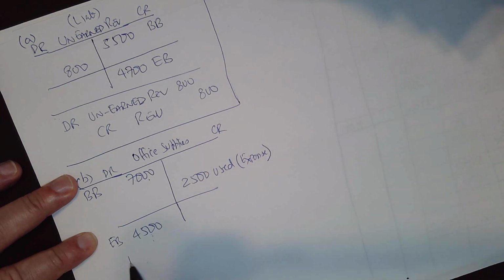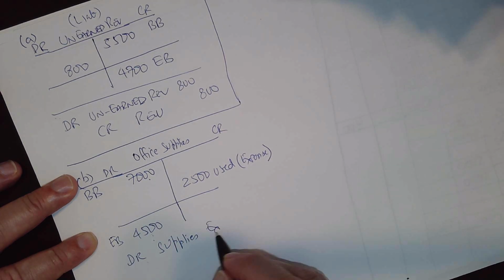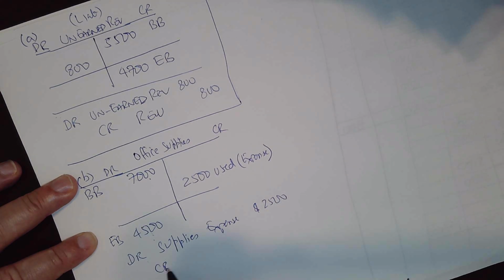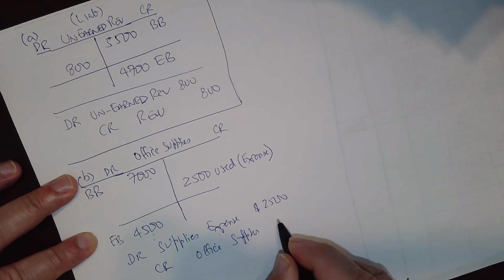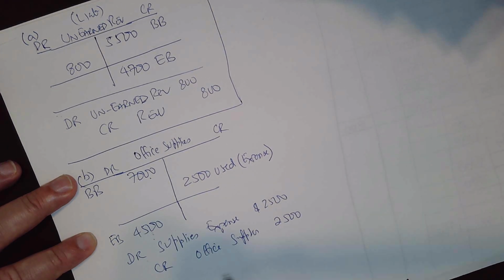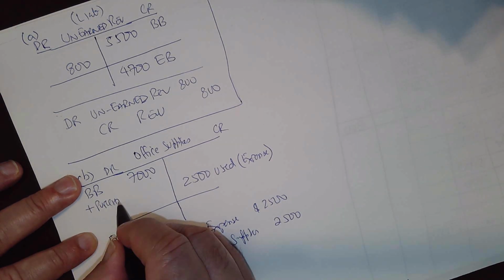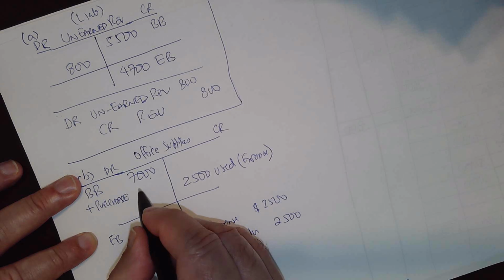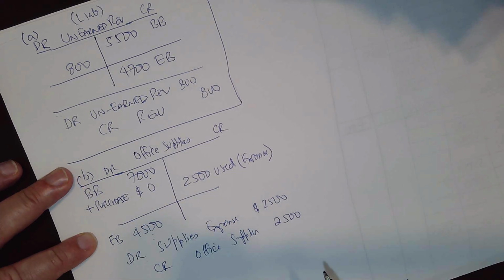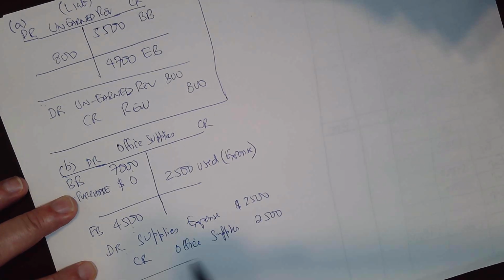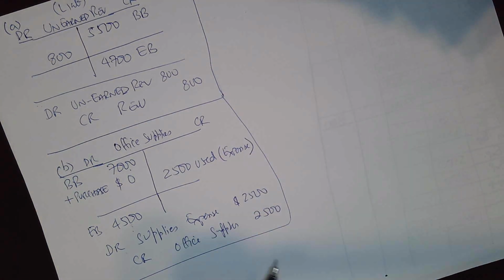So we can say debit supplies expense is $2,500, and we're going to credit office supplies, the asset, for $2,500. All right. So usually we use the word purchase over here. So how much is purchase? The purchase was 0 because we didn't purchase anything this year. All right. Very good.